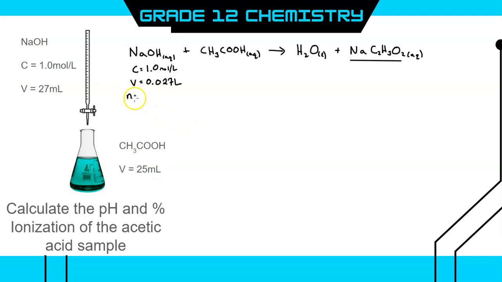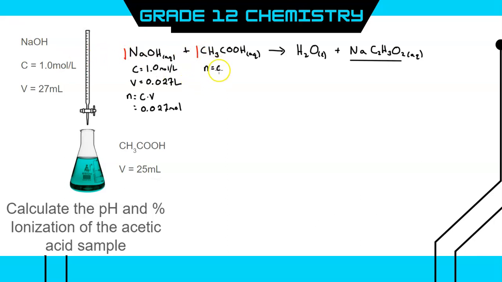So we're going to use our concentration equation, which is moles per volume, but rearranging, moles is concentration times volume. So when we do our concentration times our volume, we get the number of moles as 0.027 moles.